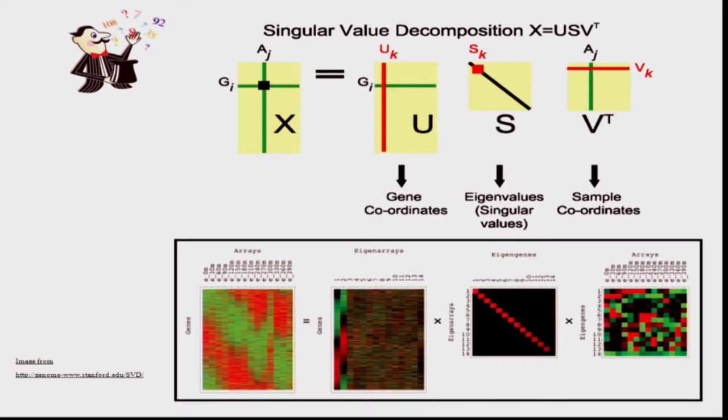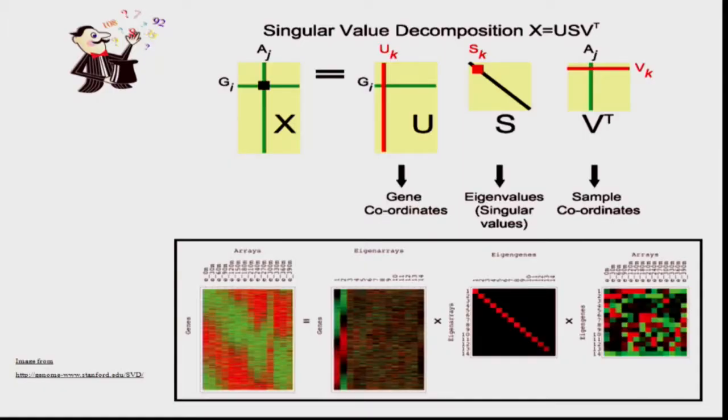Your first principal component, or your first eigenvector, is just the first vector in that matrix. You will have coordinates on that in gene space and in sample space. You can call that your eigenvector, your principal component, your principal axis, your latent variable. It's actually the same thing, it's just the first column here.